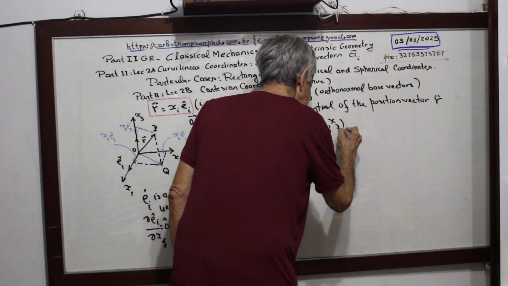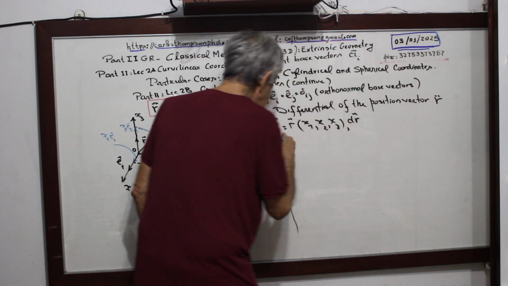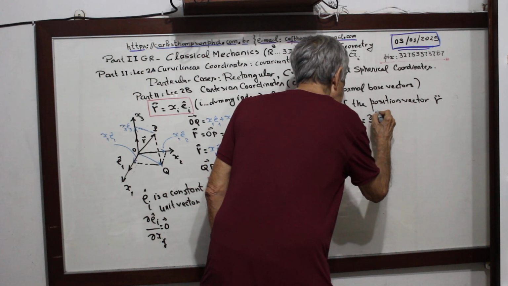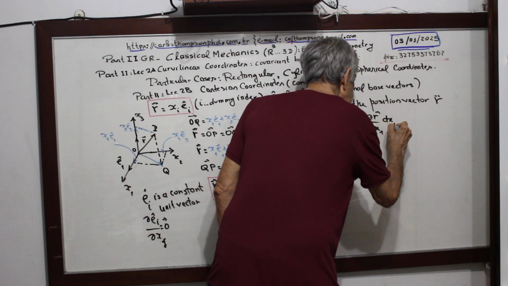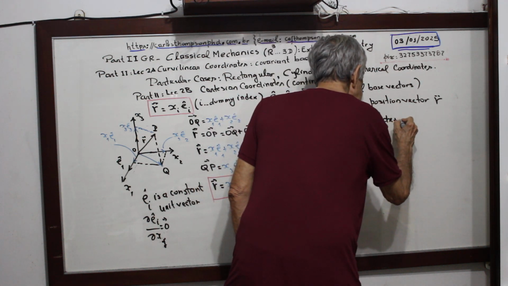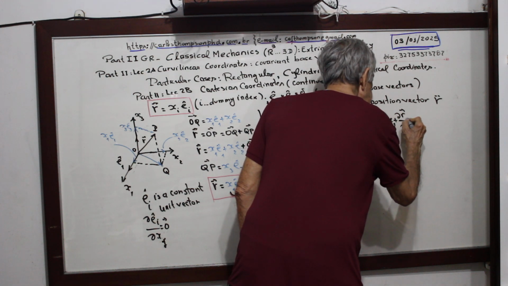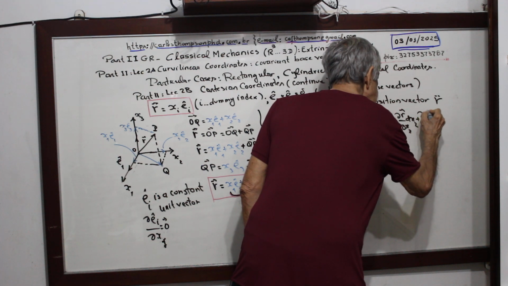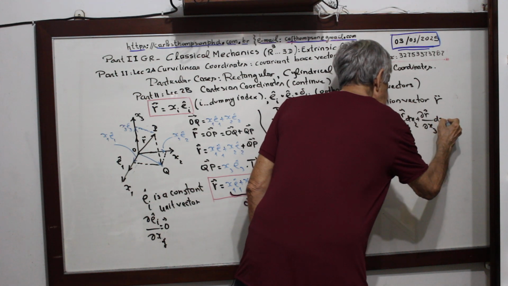So dr, the differential of r, is equal to partial r with respect to x1 dx1, plus partial r with respect to x2 dx2, plus partial r with respect to x3 dx3.